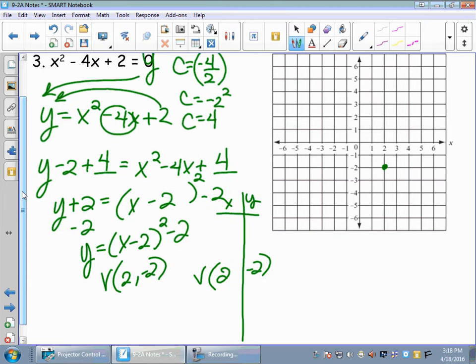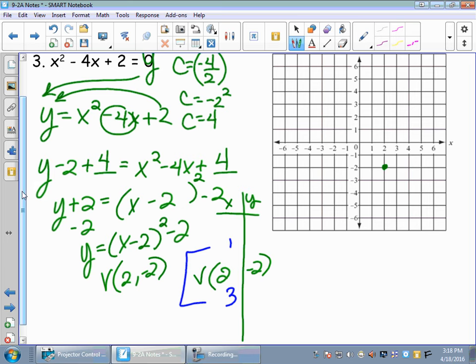And we're going to just have to pick points here. So if I pick, I'm going to go with 1. I'm going to use my y-intercept too. So I'm going to pick 1 and 3. Those two will be symmetrical. And then I'm going to use the y-intercept for the other point.